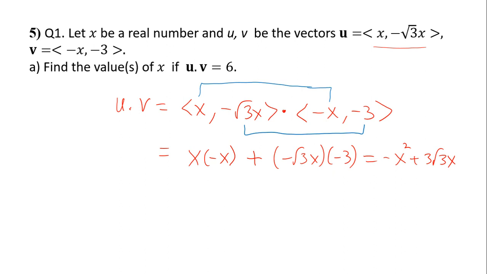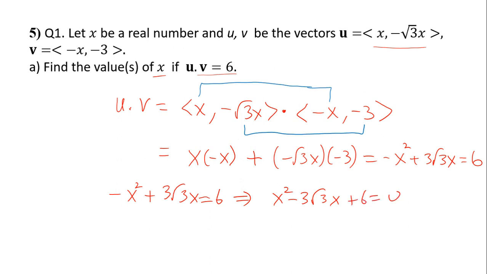Now it says what is x if u dot v is equal to 6. So this will be equal to 6 then. So we have to find the solution of this. So I can send x squared to the other side and negative 3 square root 3x to the other side. So I will end up with this. You can also send this one to the other side, but I want the coefficient of x squared to be positive.